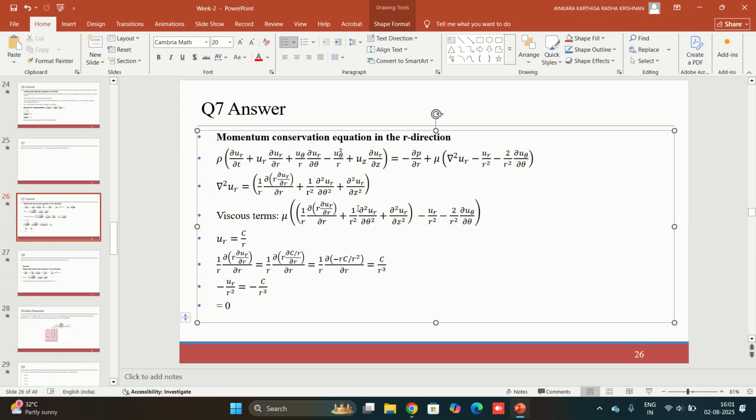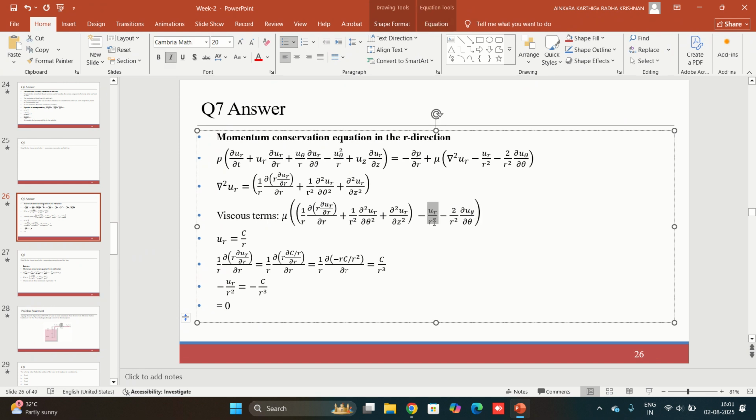Again u_r is a function of r, so this term becomes 0. And this term also becomes 0 because u_r is a function of r and it is not varying with respect to theta or z. So these two terms become 0. Now again we have u_theta, and u_theta is already 0, which we saw in the previous problem.